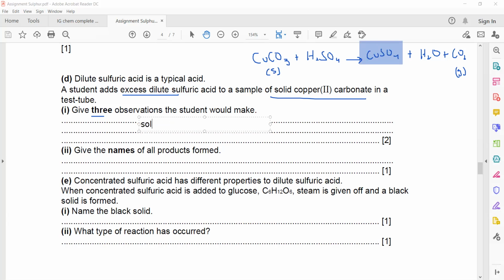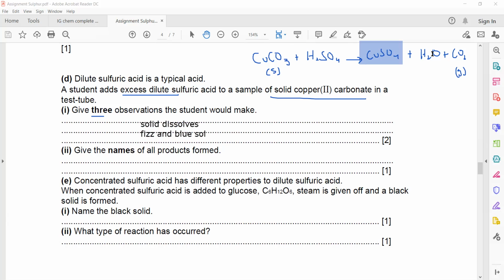So the solid dissolves, fizz, bubbles, effervescence, and a blue solution will form. So a colored solution, the solid size decreases, and bubbles or fizz, effervescence will be there.